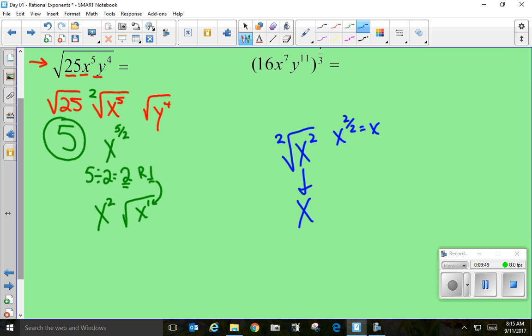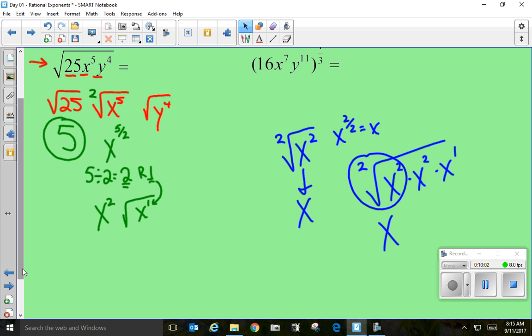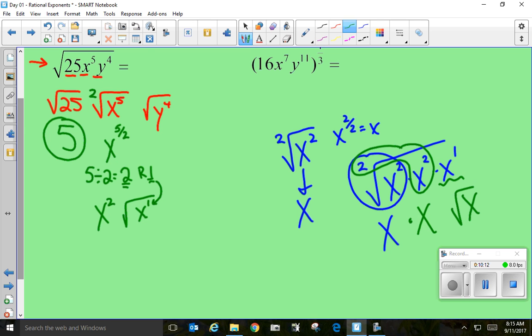Can I say that's like x squared times x squared times x to the 1? So wouldn't this just be an x times this another x? Because for every time they match, 1 comes out, and then this is just left over.